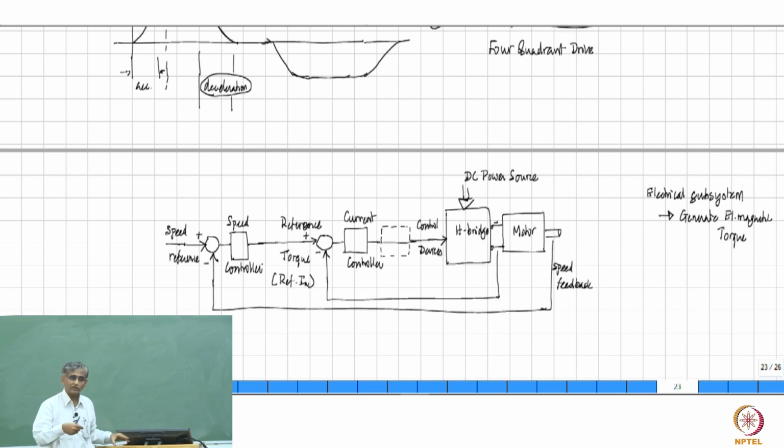That means the reference that you give will not be in terms of speed, but actually in terms of the actual location of the object, how that is varying with respect to time. That means with respect to time, you will say, at this instant I want the object to be here, at the next instant I want the object to be there. That means what you will give is actually a position reference.